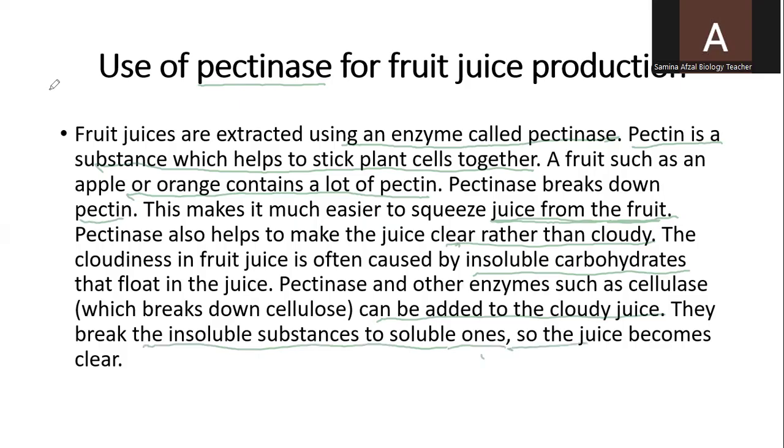So we can have clear juice by using the pectinase enzyme, which breaks down the pectins. In this way, we can get clear juice from fruit juice products, apple or other fruits.